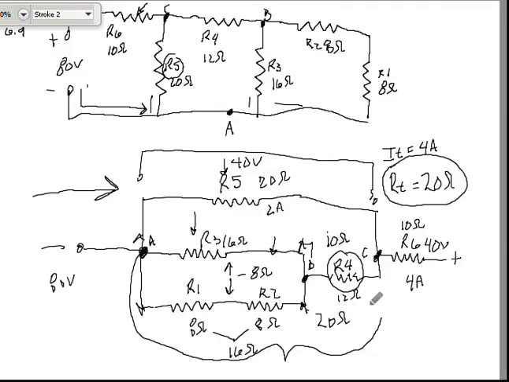So 2 amps and 12 ohms, 24 volts. So my drop across points A to B is going to have to be 40 volts minus 24 volts, or 16 volts, at 2 amps. 2 amps going into A, 2 amps leaving B.